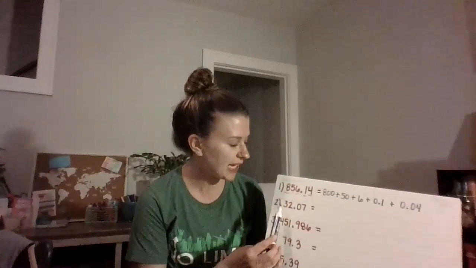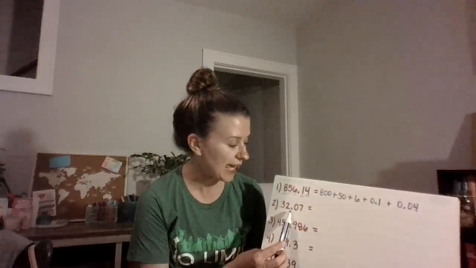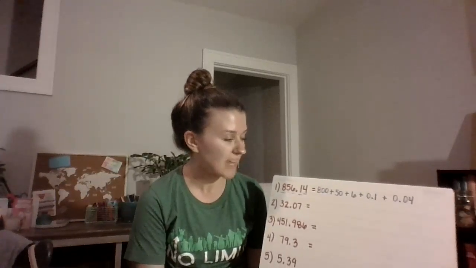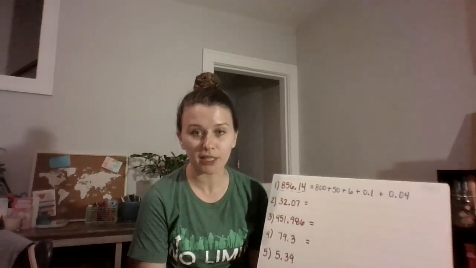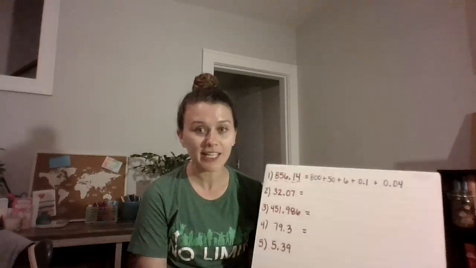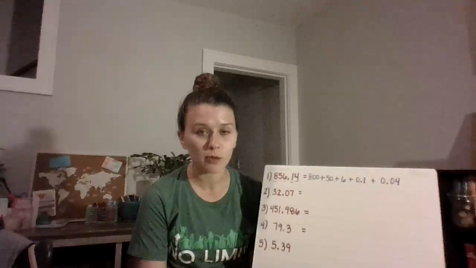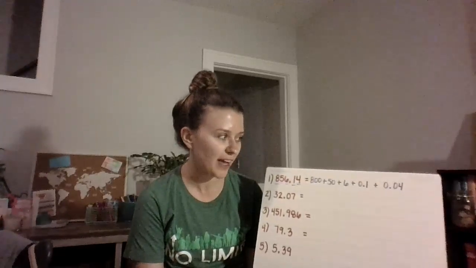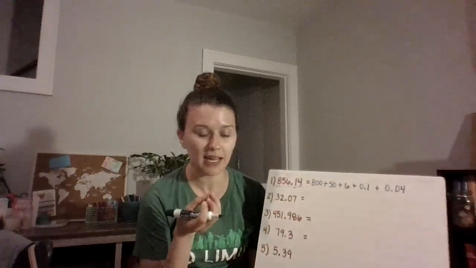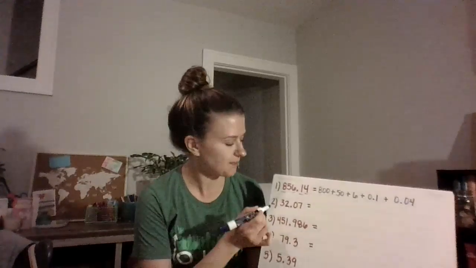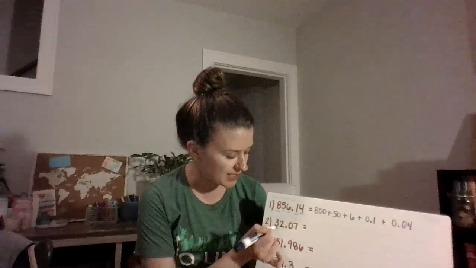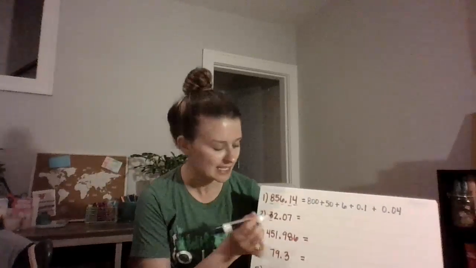Number 2, we have 32 and 7 hundredths, and that is my standard form of my number. So to write it in expanded form, I need to look at each place value and what the digit is in that place value, and so really what that digit represents. So first I'm going to start in my largest place value, which happens to be the tens place.